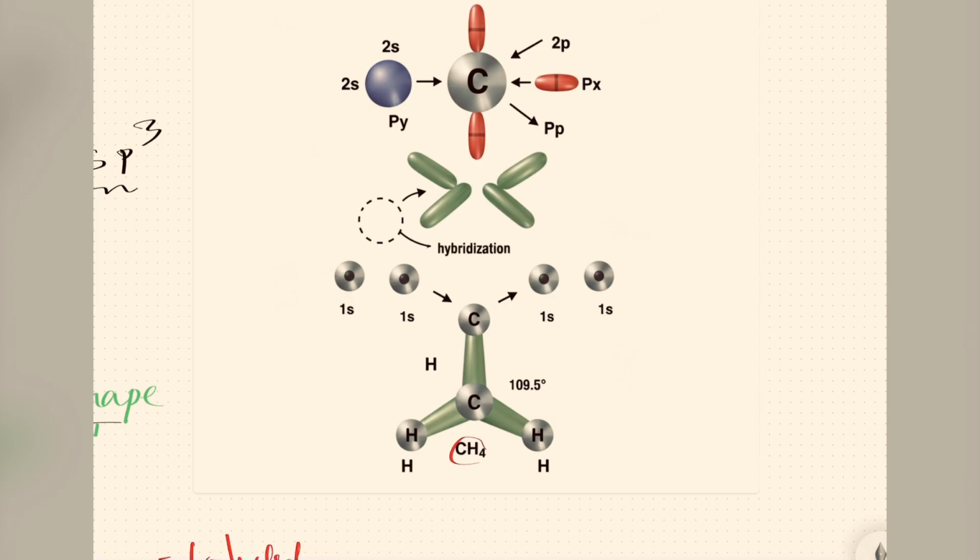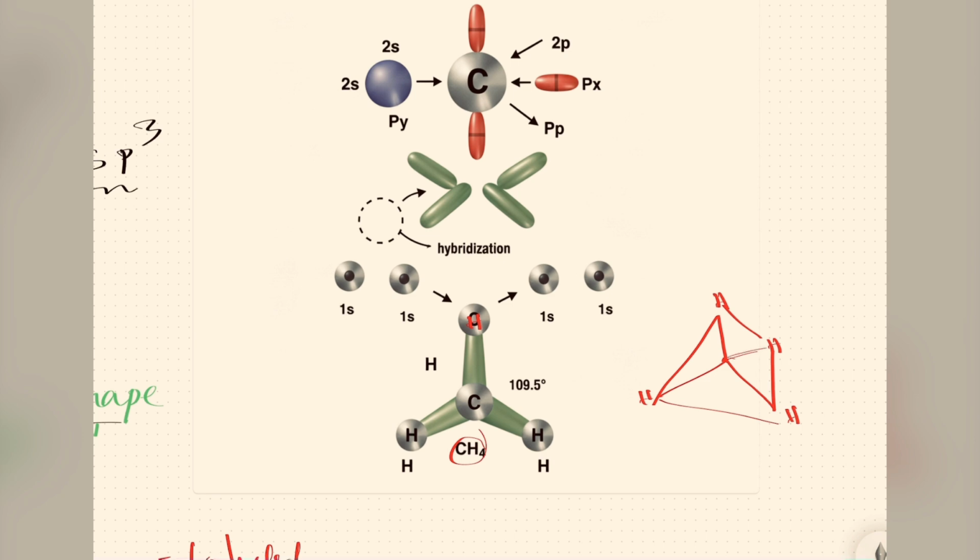So CH4 is formed. This is a carbon inside here, outside is also hydrogen, and the middle one is also carbon. Clear?